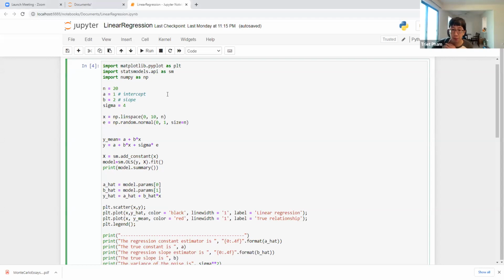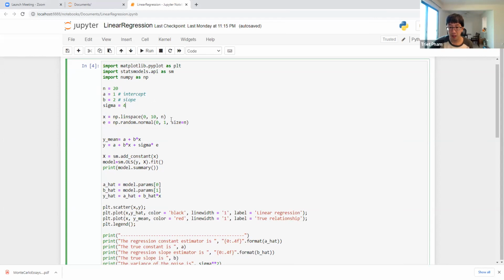So here I have a sample of 20 points. I put my true intercept to be 1, my true slope to be 2. My standard deviation is 4, so my true variance sigma squared is 16. I generate x equally spaced between 0 and 10.